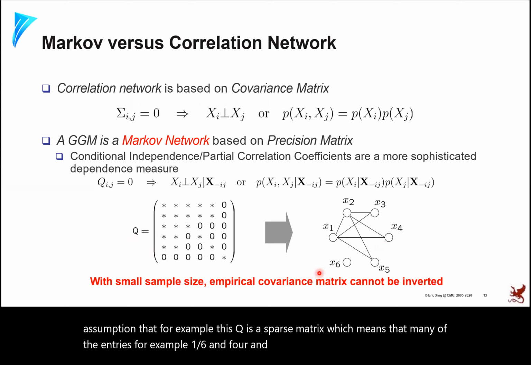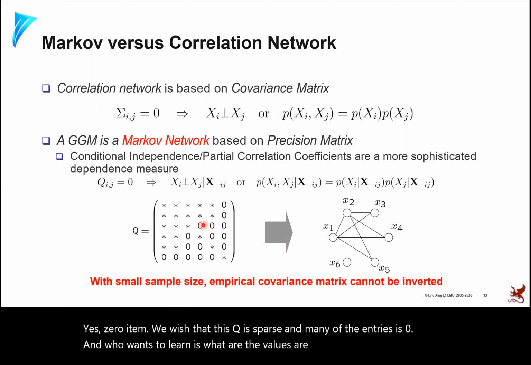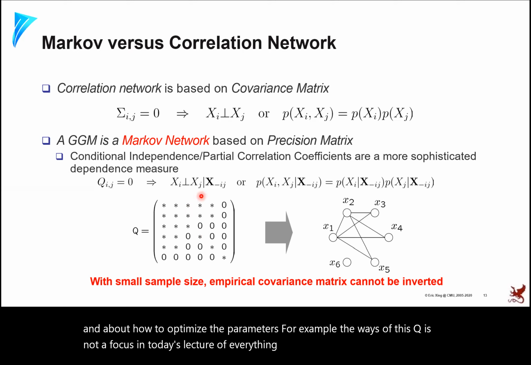We wish that this Q is sparse and many of the entries are zero. What we want to learn is which values are non-zero and which values are zero, and how to optimize the parameters. For example, the weights of this Q is not a focus in today's lecture.